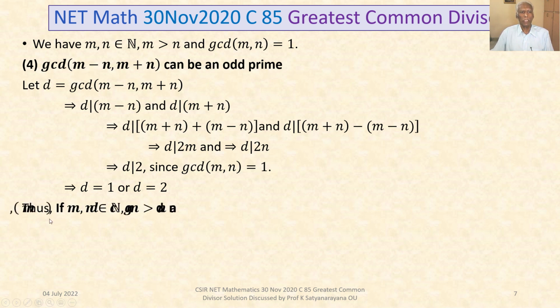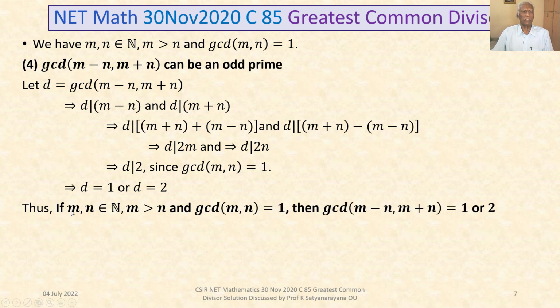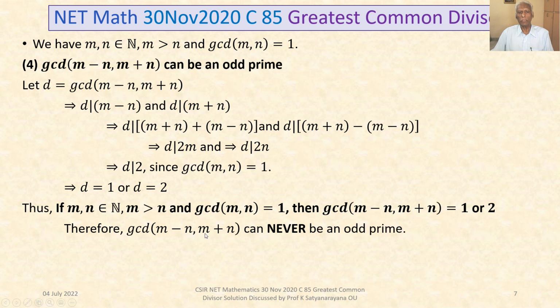So thus we have proved a general result. This result is: if m, n are natural numbers, m greater than n, and the GCD of m comma n is 1, then the GCD of m minus n comma m plus n is equal to 1 or 2. So it says the GCD of m minus n comma m plus n can never be an odd prime.